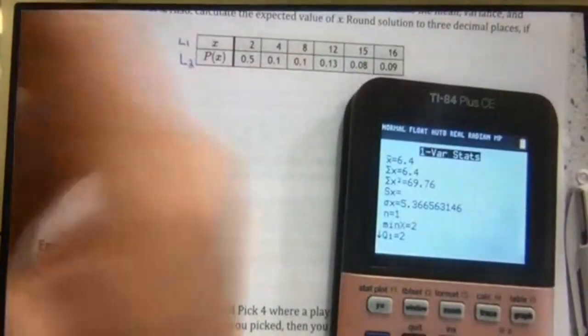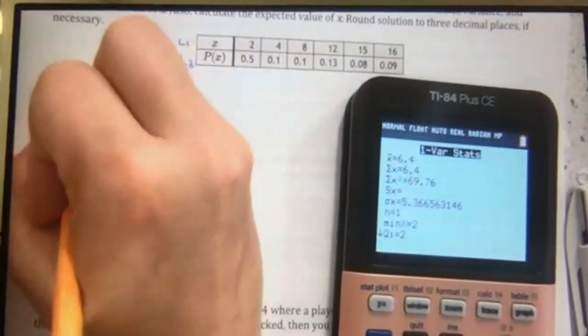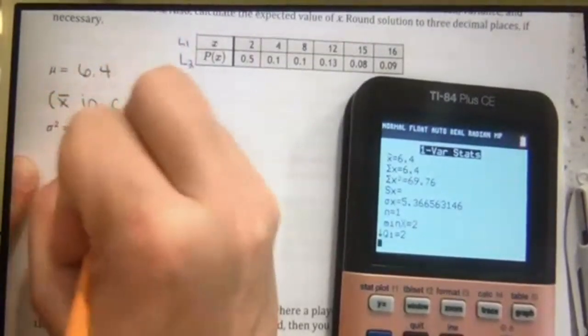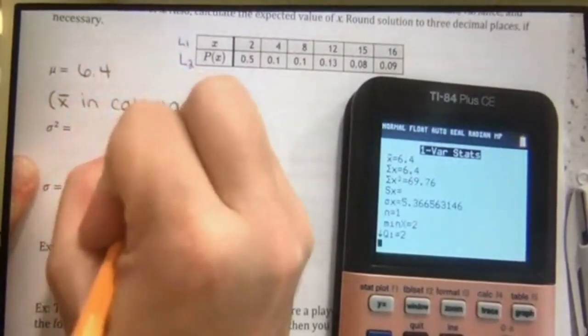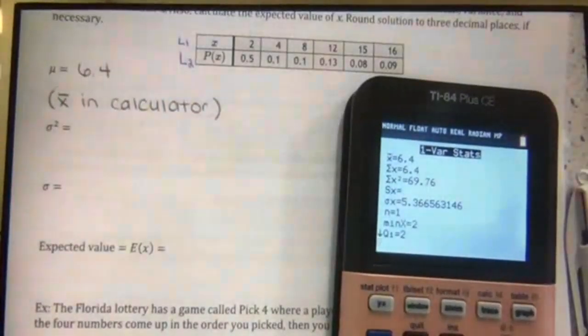So our X bar is the same thing as our mean, which is 6.4. I'll put a little note X bar in our calculator. X bar is just your mean. Sample mean or population mean, they're found the same way.